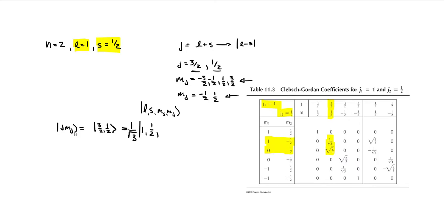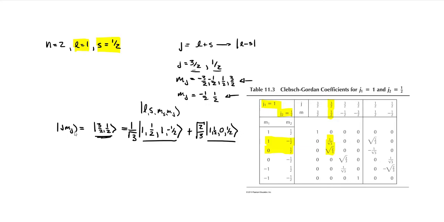So it's going to be the 1, 1/2, and then 1, -1/2 term, plus √(2/3) times the 1, 1/2, 0, 1/2 state, right? So we've got that coupled basis term written in terms of our uncoupled bases written here.